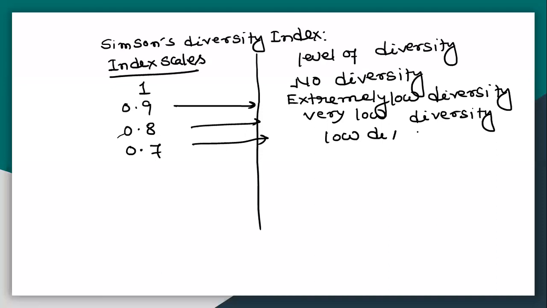If the value is 0.6, that is moderate low diversity.